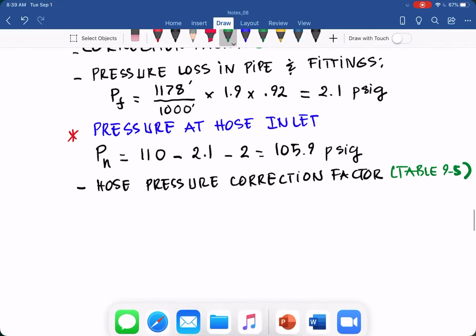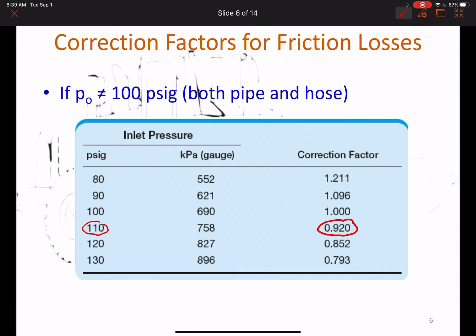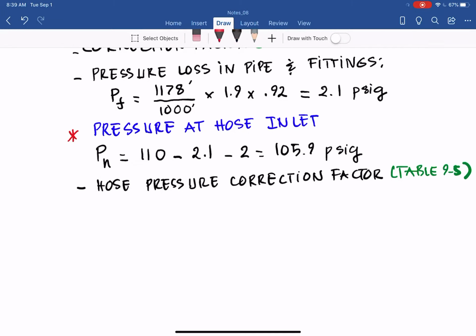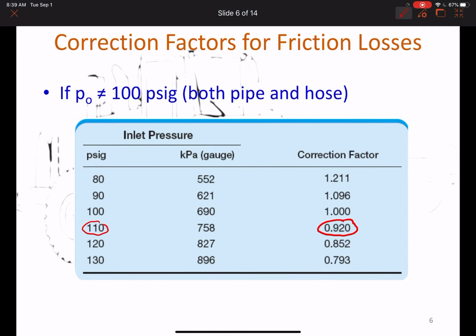And let's go back to table 9.5, for both pipe and hose, as you can see. And we have here at the inlet for the hose is 105.9 psi, so go that one. So it's somewhere between this 106, between this one.